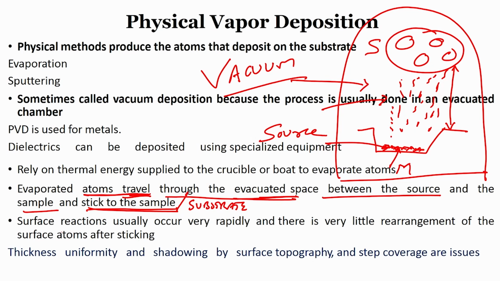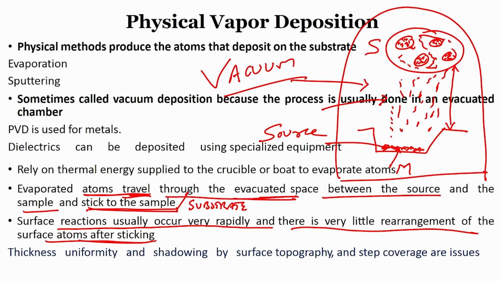Now, surface reactions usually occur very rapidly, and there is very little time for rearrangement of surface atoms after sticking. You see, when the melting point is reached and we increase the temperature beyond it, the metal will start depositing very fast on the substrate. It will deposit everywhere, but it will also deposit on the substrates, because substrates are loaded on the substrate holder.